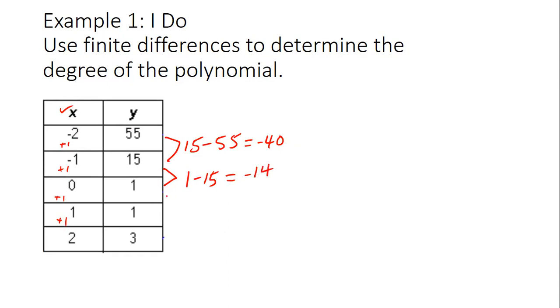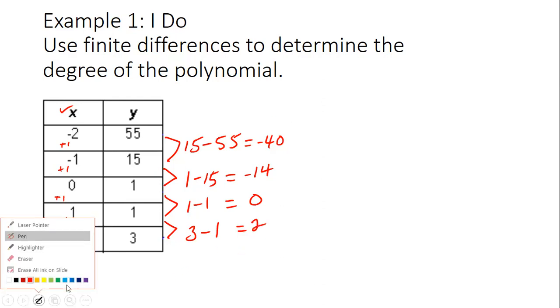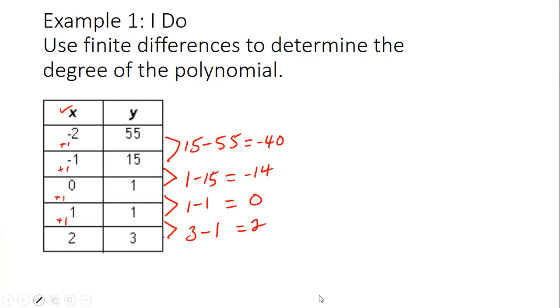Negative 14. What is 1 minus 1? What is 3 minus 1? 2. Was my first difference common? Nope. So that means it's not linear, and we go again.